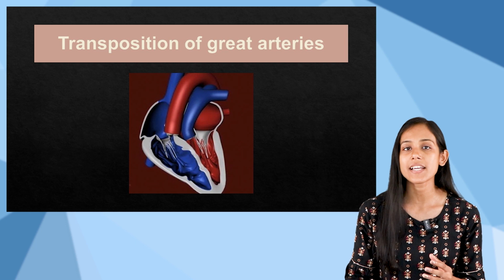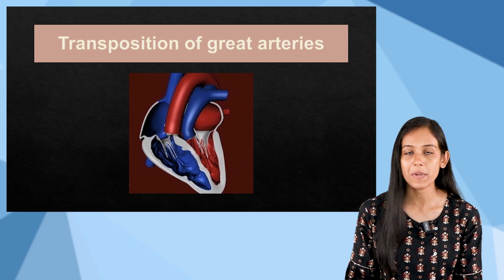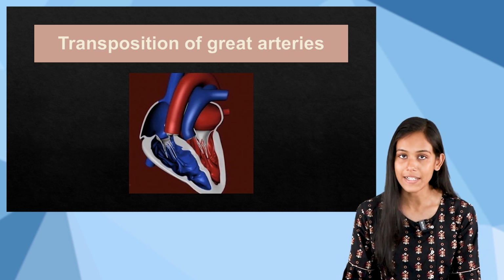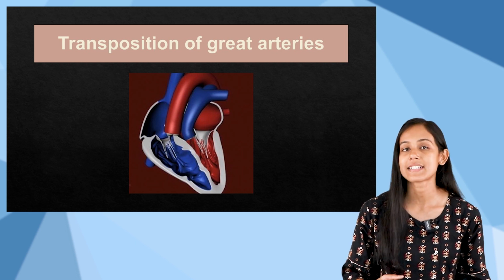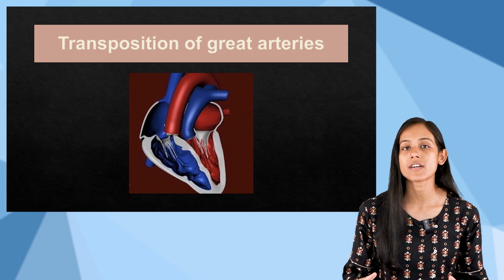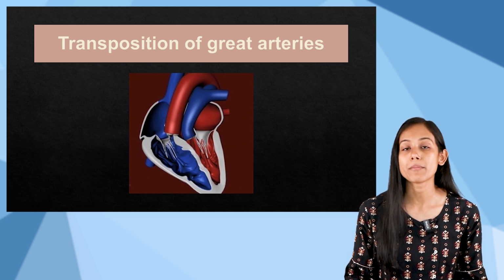And then the aorta is connected to the left ventricle. So this aorta is connected to the left side of the heart, from where it takes the oxygenated blood and sends it all over the body, right?